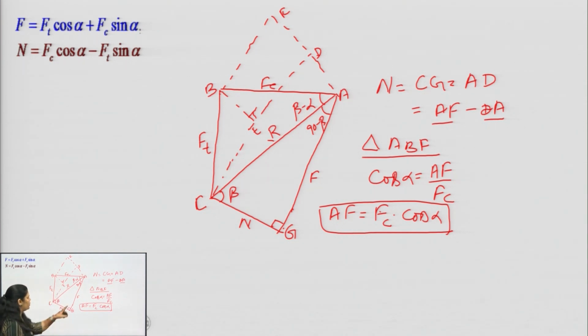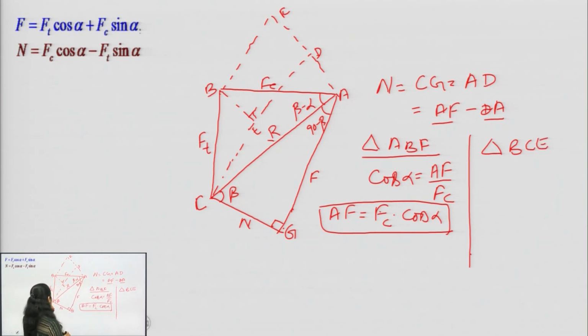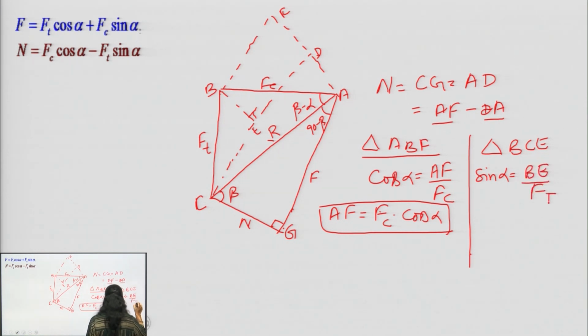Okay. And for this Ad, we will take the triangle BCE, and in triangle BCE, what will be the sin alpha? Sin alpha will become basically Be divided by Ft.